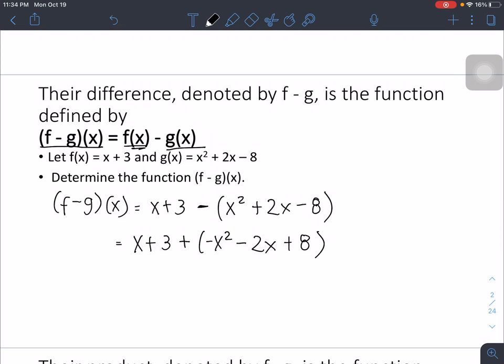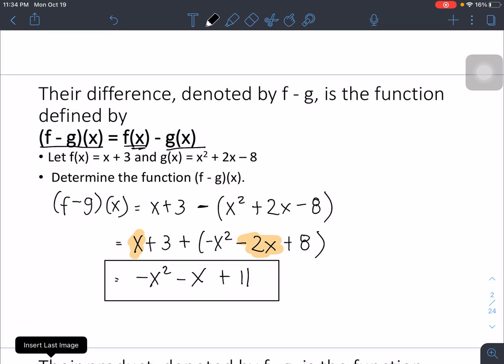Okay, so combine like terms and arrange them in decreasing order. First will be negative x squared, followed by x plus negative 2x, which is negative x, followed by 3 plus 8 will be 11. Okay, so this is how we will do subtraction operation.